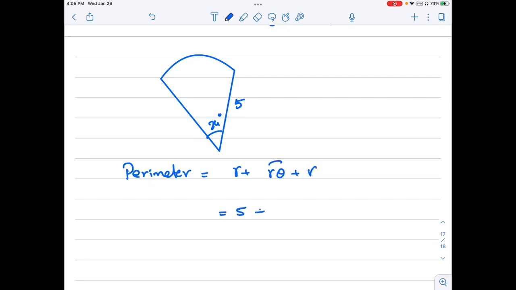So which is 5 plus 5 times theta, where theta is 24, but it should be in radians. You have to convert into radians. 24 degrees, we should not be writing it in degrees.